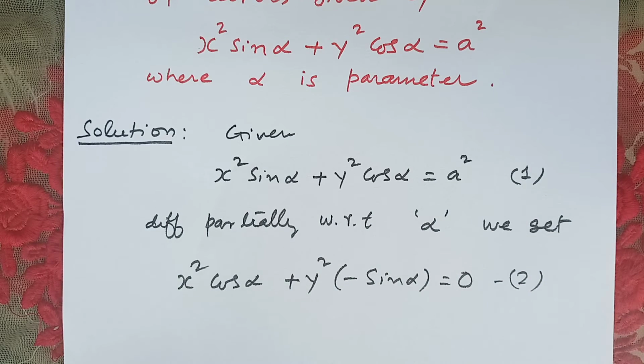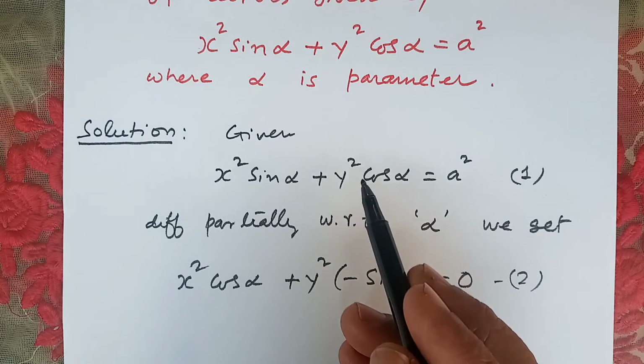Our aim is to eliminate alpha between 1 and 2.